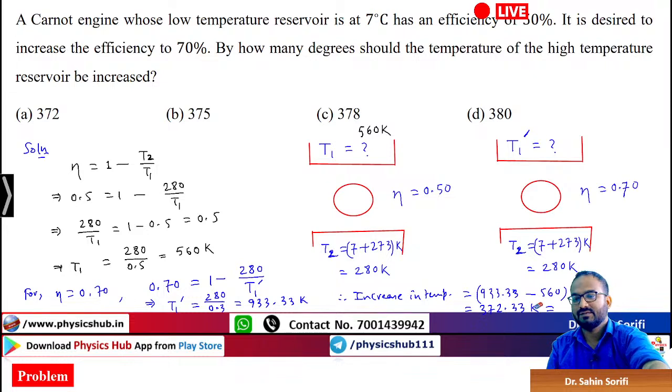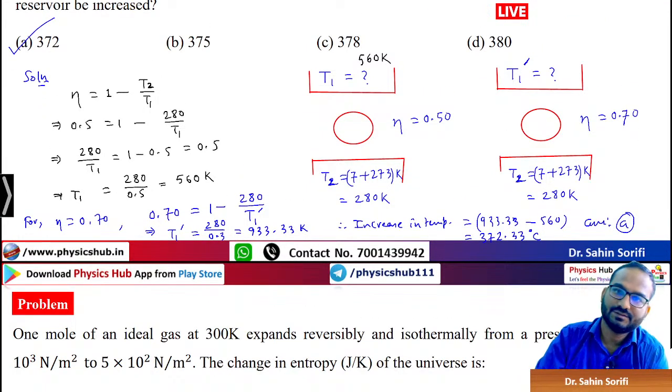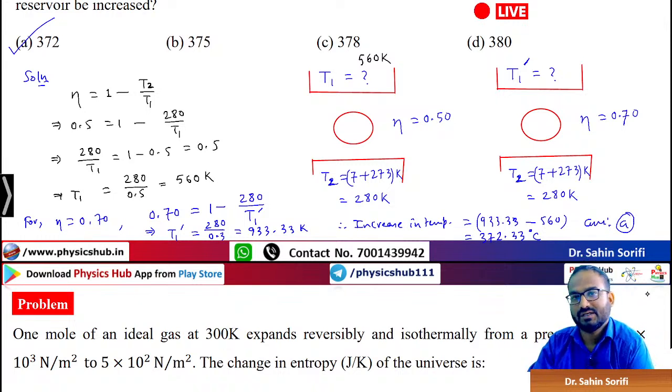We are calculating in terms of Kelvin, but the change of 1 Kelvin and 1 degree centigrade change is same. So, you can write it as in degree centigrade. 373.33, option A is matching. I am not saying that 50 degree centigrade is equals to 50 Kelvin. It is not like that.